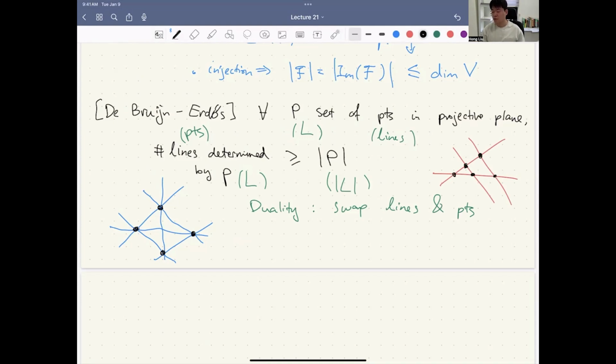These are the points determined by the lines. Actually these two also, right? Oops. These two lines should also intersect somewhere. Good.